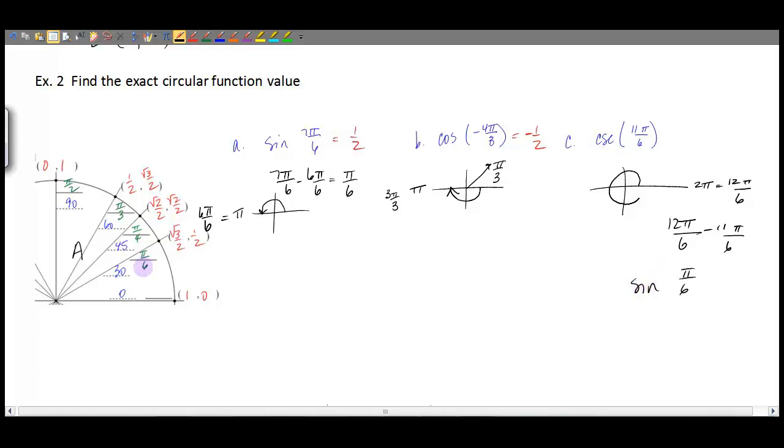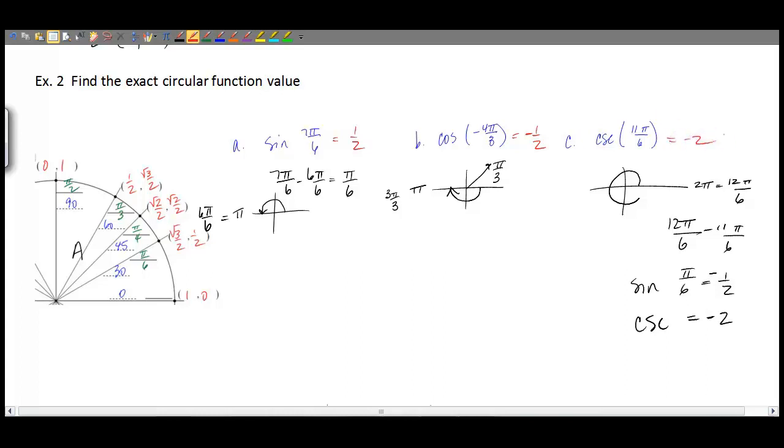Looking over here, the sine of pi over 6 is going to be 1/2. I also know that because I'm down here in quadrant 4, this is going to be negative 1/2. Therefore, the cosecant would have to be negative 2. So the answer to that value would be negative 2.